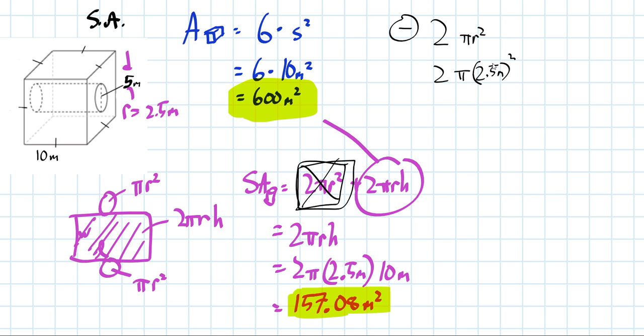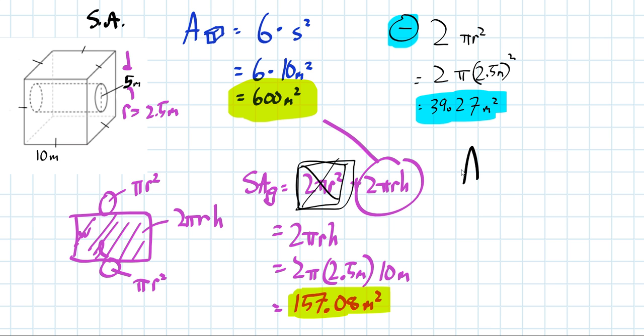We take 2.5 and square it, multiply by pi, multiply by 2, and we get 39.27 square meters. So this part here, we need to subtract from the other 2 that I've highlighted in yellow.